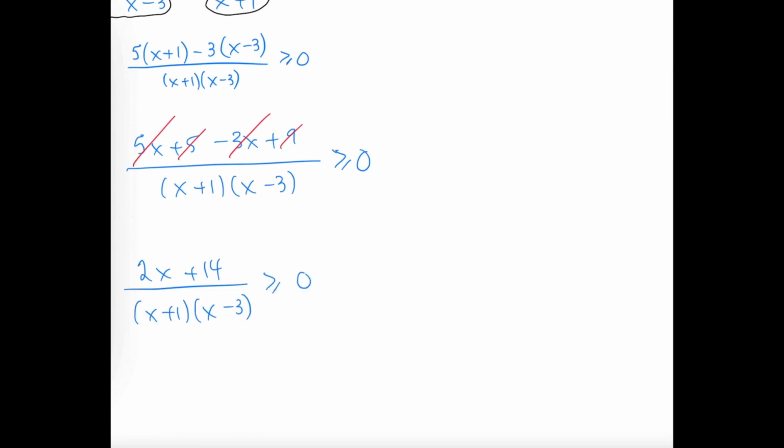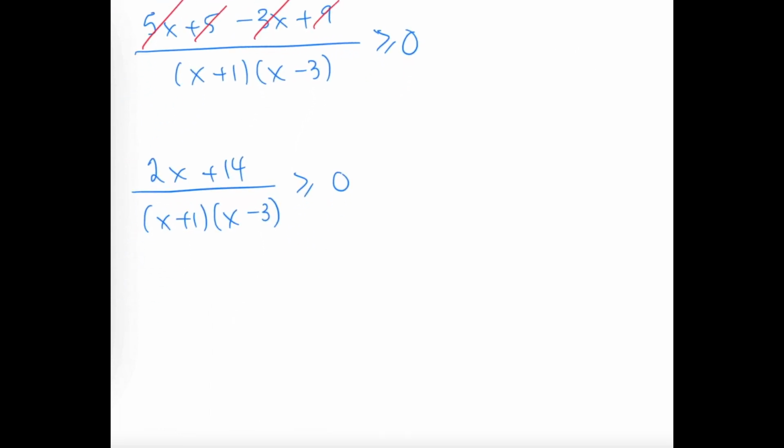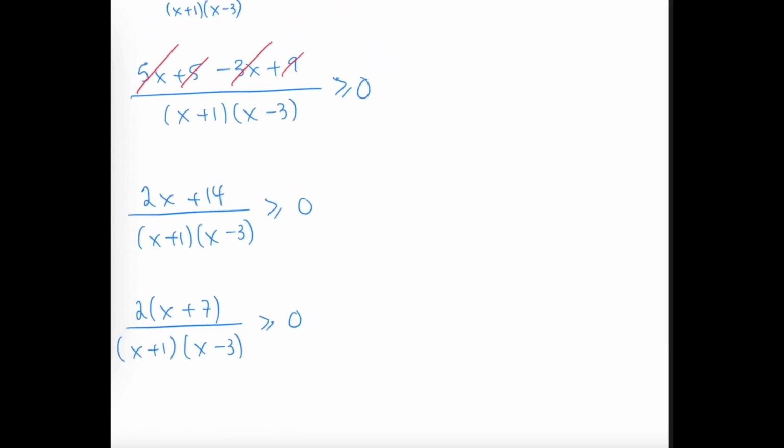In the spirit of having it as factored and reduced as possible, I'm going to pull that 2 out of the top. It doesn't make that much of a difference, but it does clearly illustrate that none of these factors cancel, so this rational function won't simplify any further.